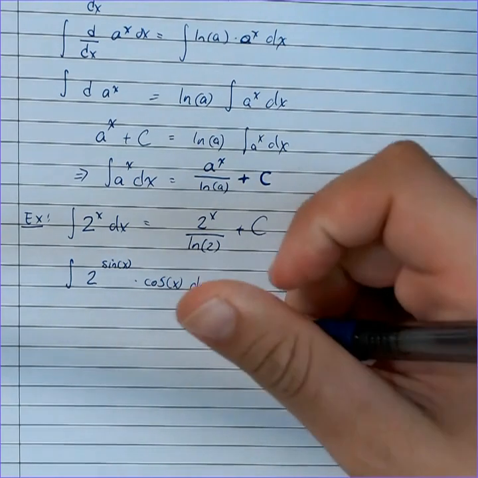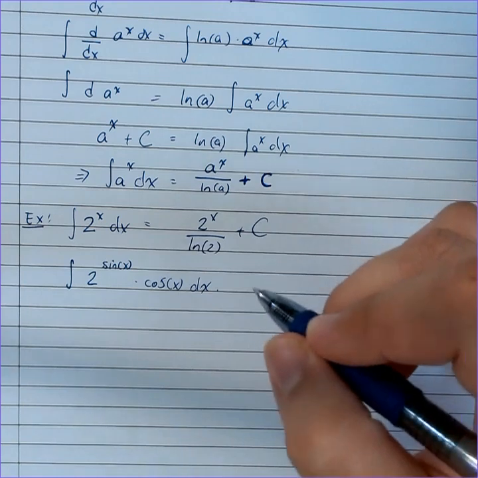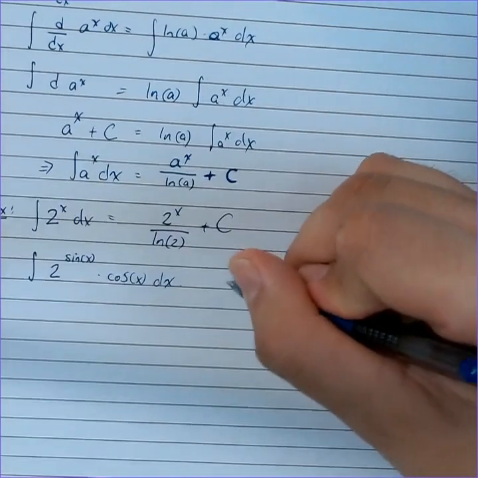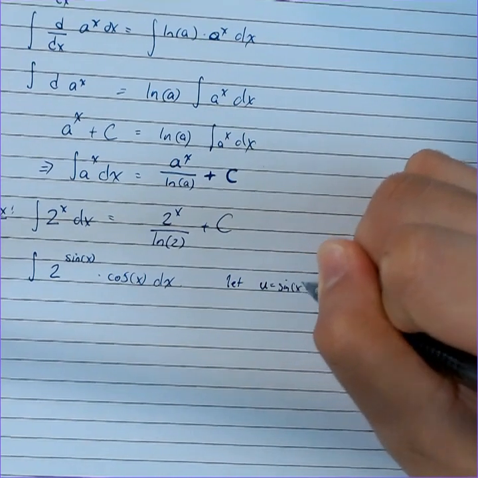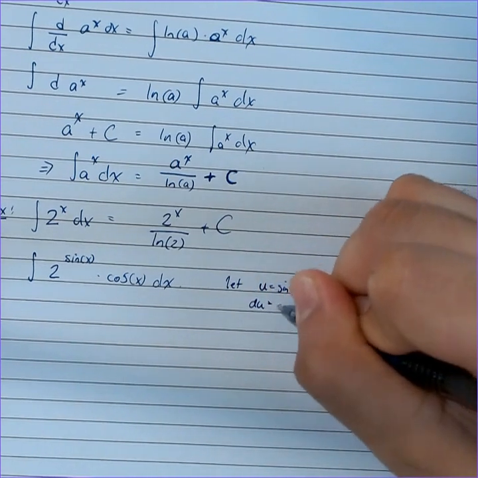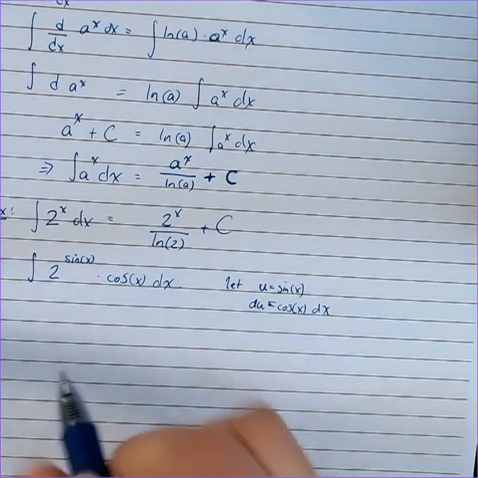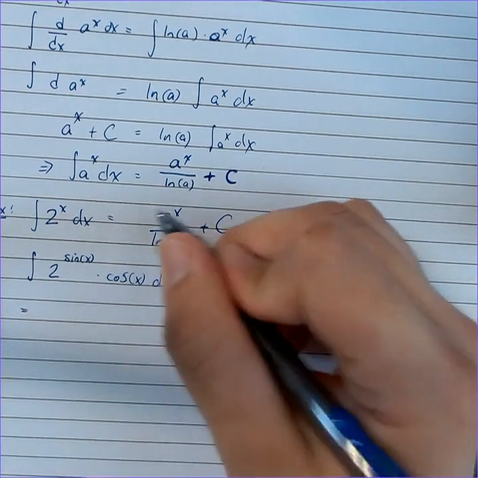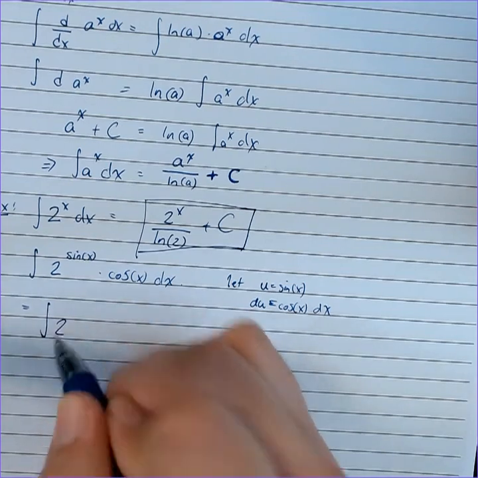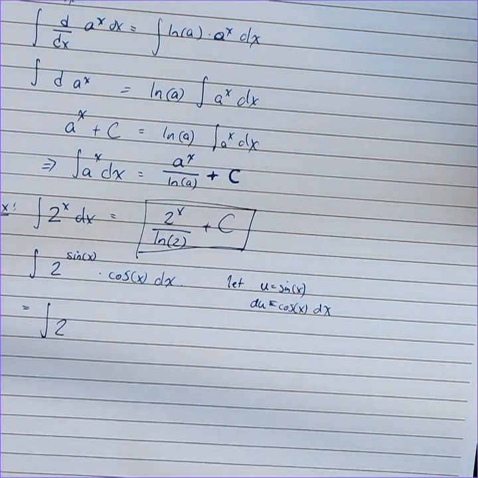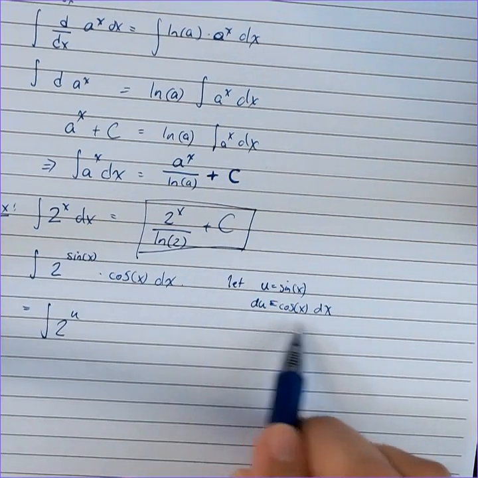Using the u substitution that we saw in previous sections in Cal 1, let u equal the sine of x, which means du is equal to the cosine of x dx. It's a differential. So here we can rewrite this as the integral of 2 to the power u, with cosine of x dx being just du.